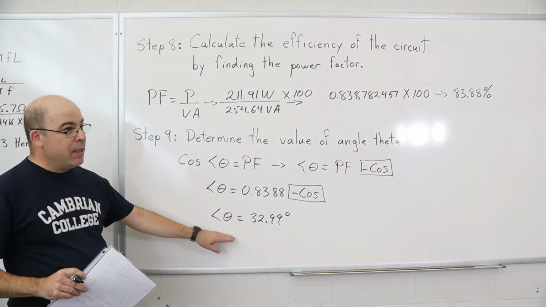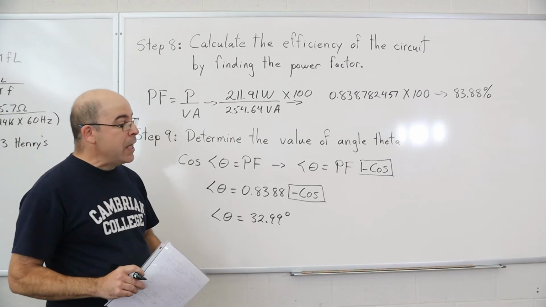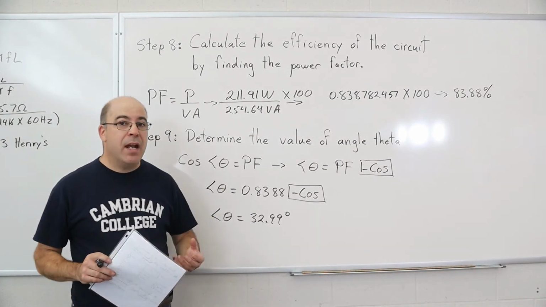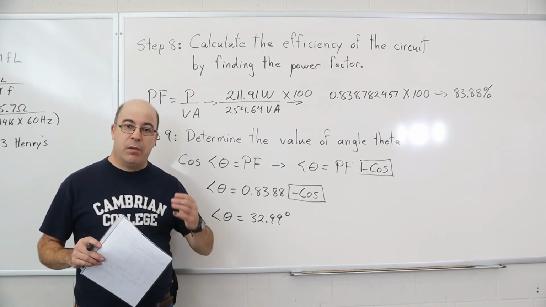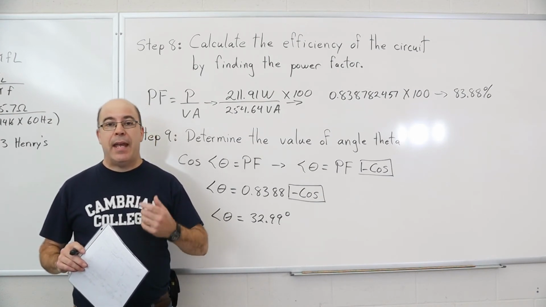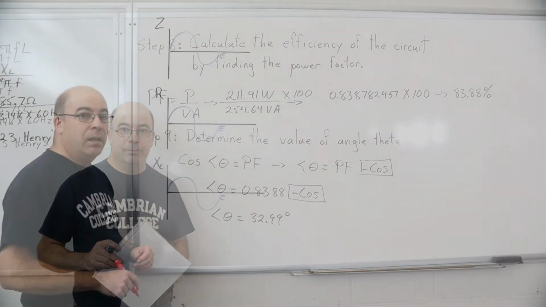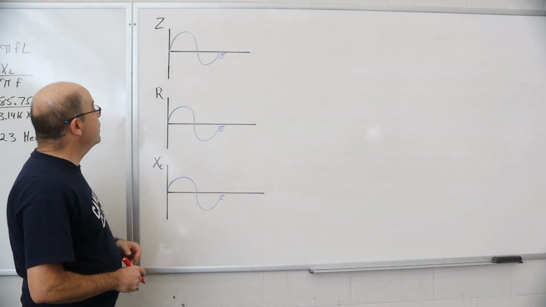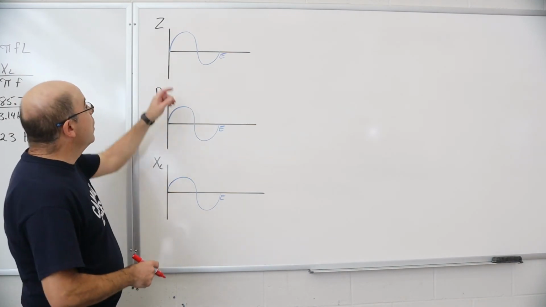We have completed all the values for this circuit, and what we have to do now is explain the voltage and current relationship for each of the branches, as well as draw it in for the total circuit. Here we have in front of us 3 oscilloscope displays.